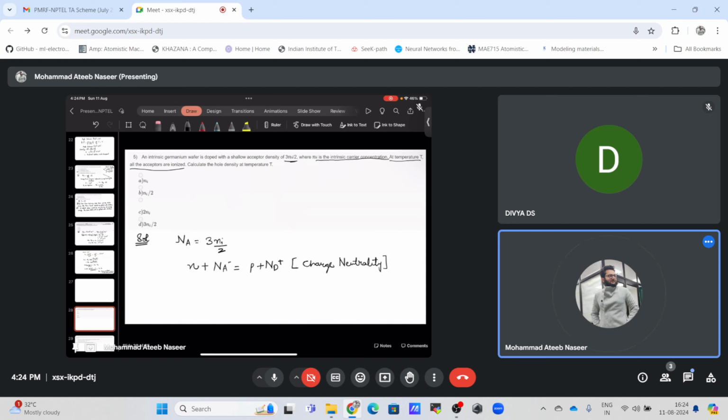Nd plus is equal to 0. There are no donor impurities, we have not been given any information about that, so we will take those to be 0. Now it simply means N plus 3 Ni by 2 is equal to P.